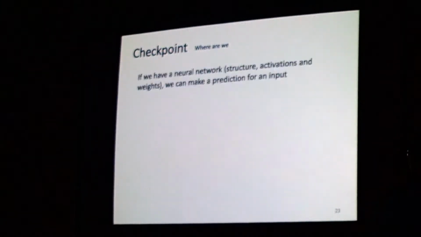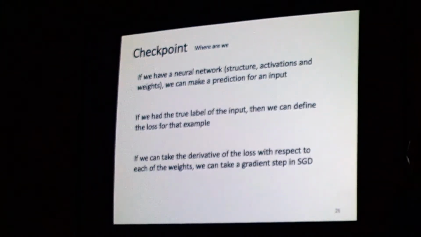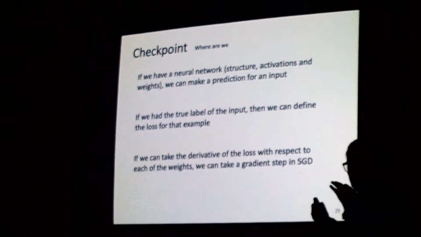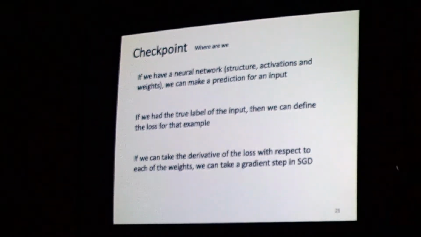Okay, so before we proceed to backpropagation, I just want to check what we have discussed so far. Right now, we know that if we have a neural network, we have identified the structure, the type of activation function, and the weights, we can make a prediction for an input. This procedure is called the forward pass. Then to perform training, we collect a set of training examples.